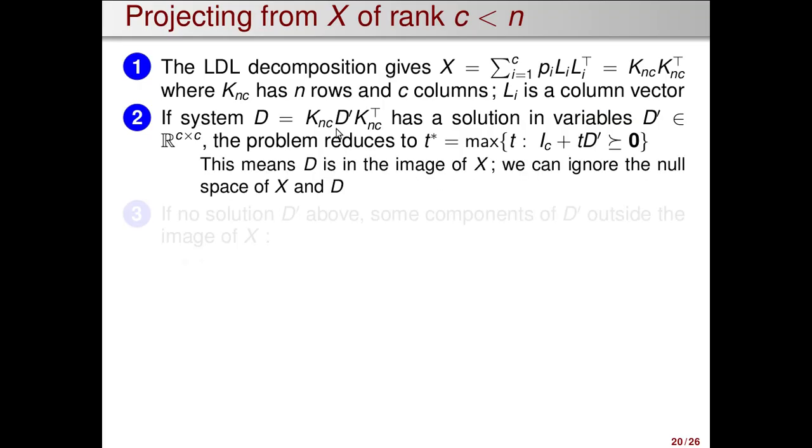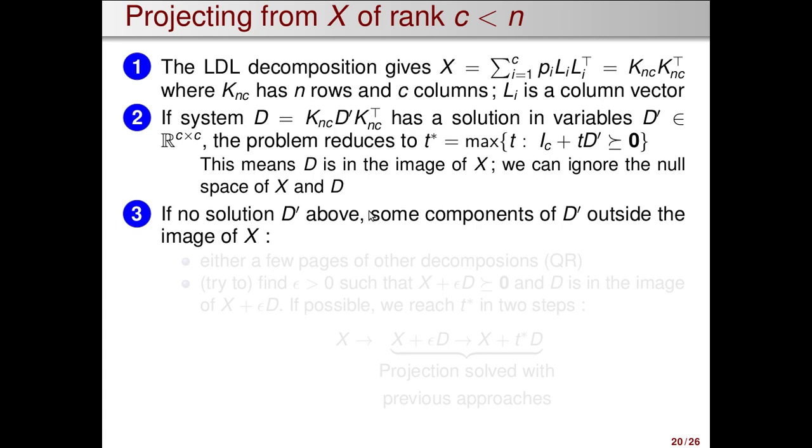In this case, I can solve this system because D is in the image of X, which is also the image of K and C. So to some extent, somehow we can ignore the null space of X and D. If there is no solution d prime above, this means that some components of d prime are outside the image of X. I need a few pages of other decompositions. This was the most difficult theoretical step, but I do not have time to present it in a short talk.